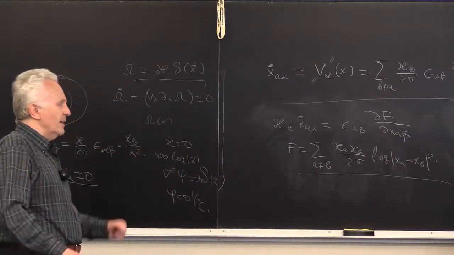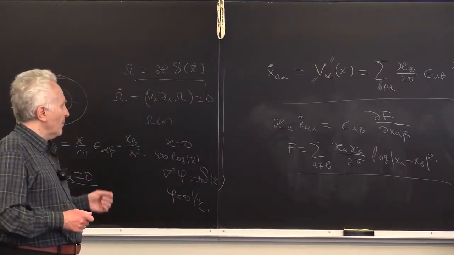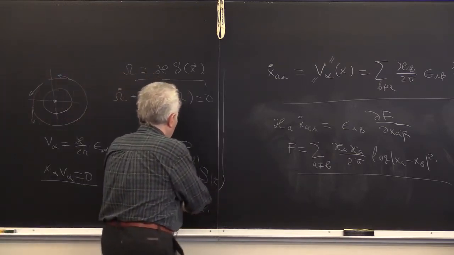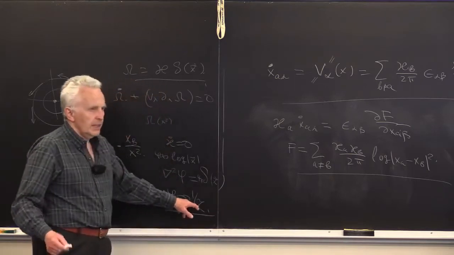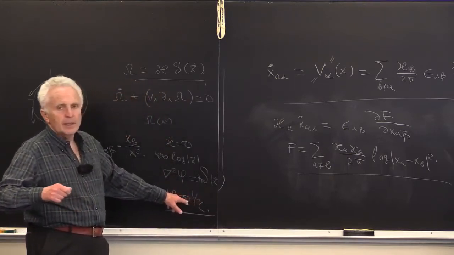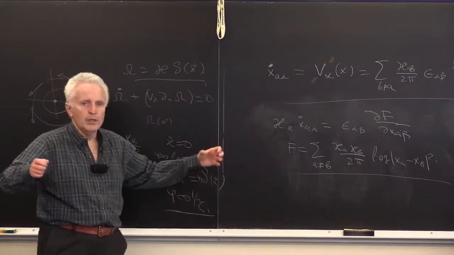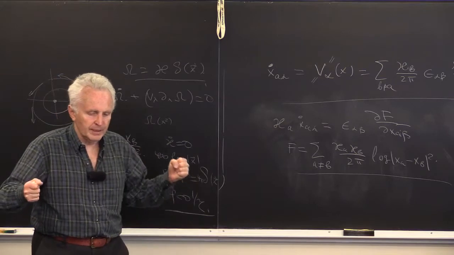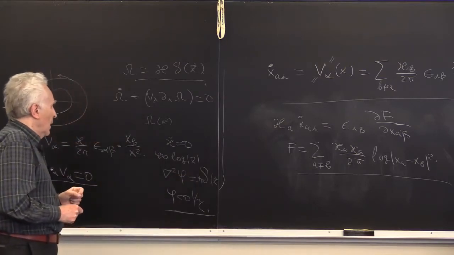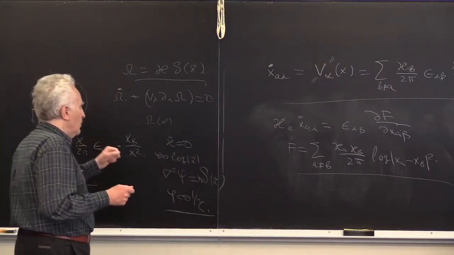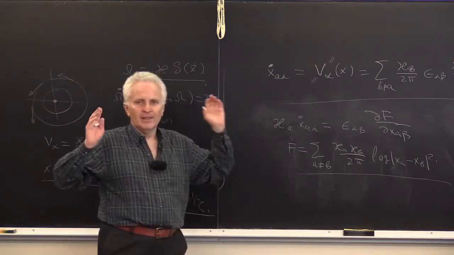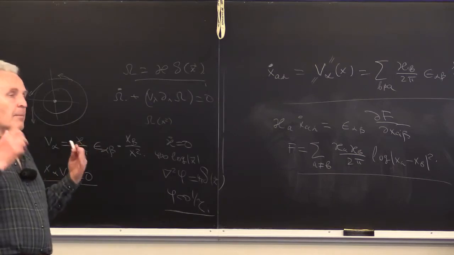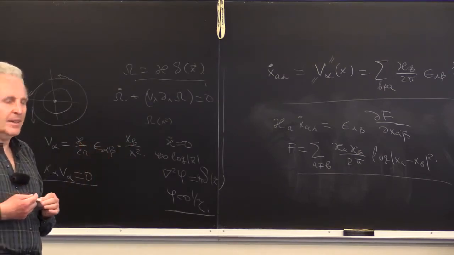How to visualize it? This is the interaction energy of two point charges separated by distance r. And what is, from the 3D point of view, the logarithm of r? It's also some electrostatic configuration.